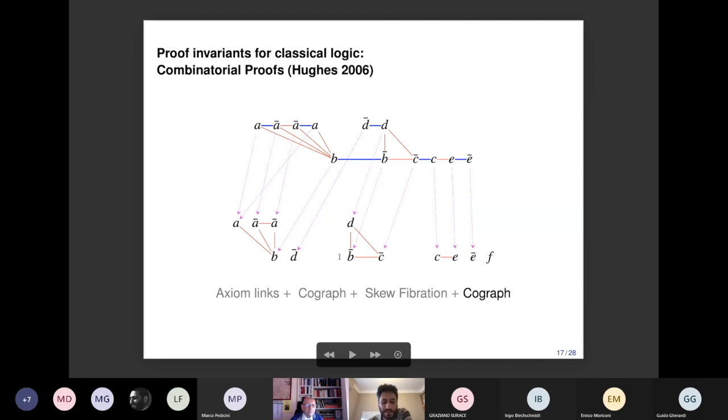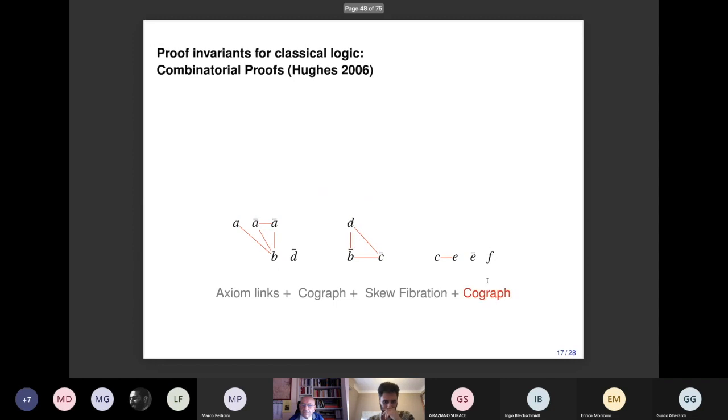There are some results from the 70s, 60s, which say that you can encode formulas with these graphs, which are called cographs, and any cograph encodes a formula. And the idea is to use a purely graphical representation to encode a proof.